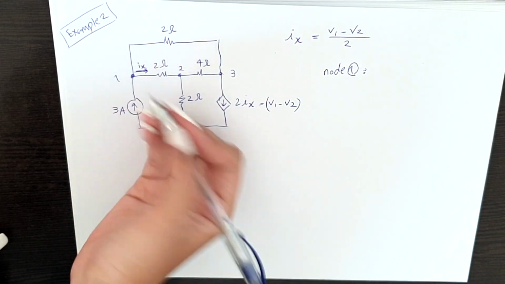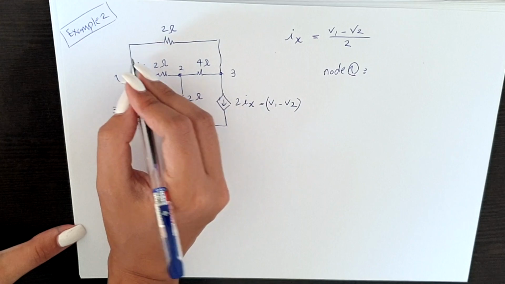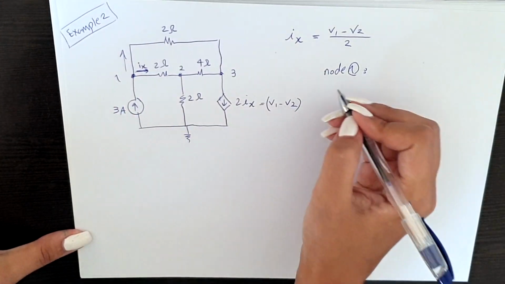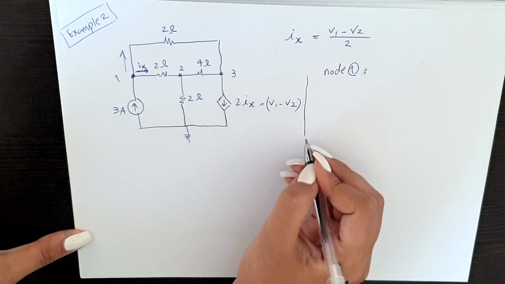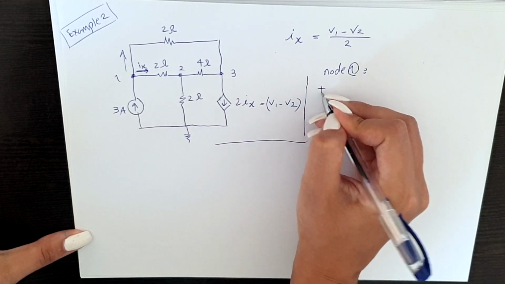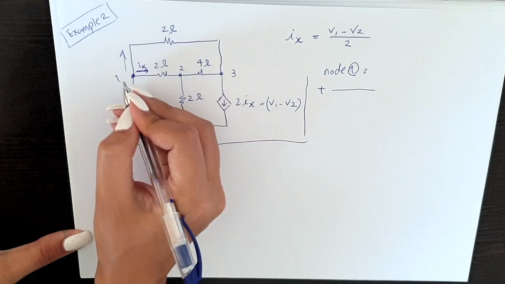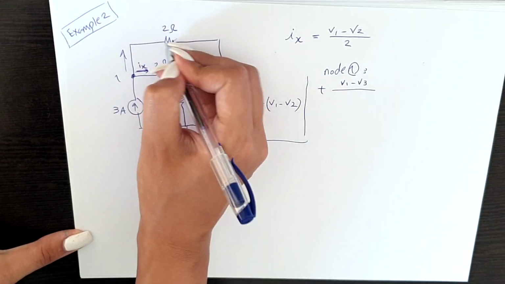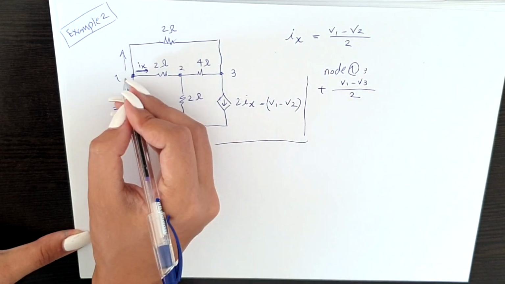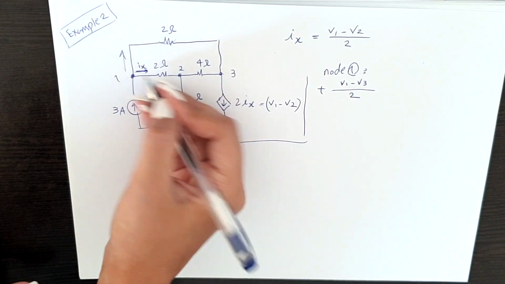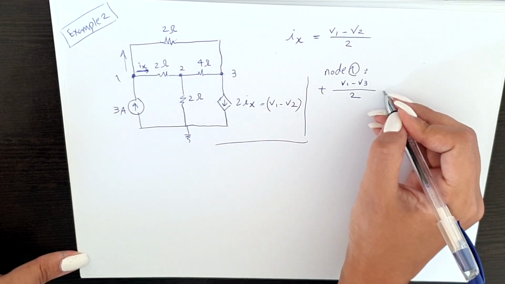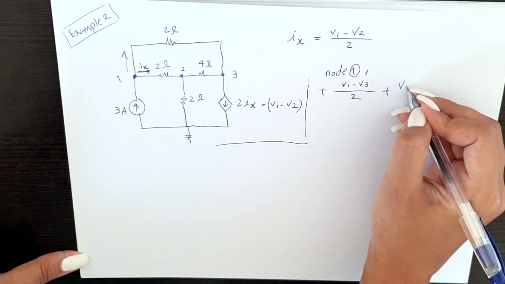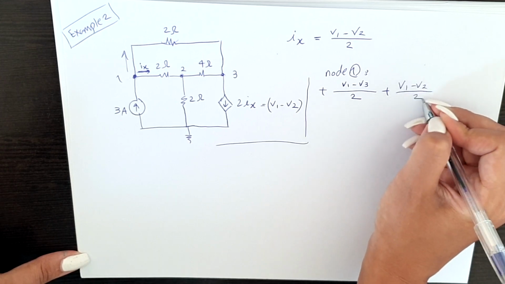First one. We have 3 different branches. We consider this current in this direction, so we can add a plus sign here, and then V1 minus V3 over our resistance, which is 2. On this side, it's Ix and it's going out, so it's a plus. But what is Ix? We already know it from here, V1 minus V2 over 2.